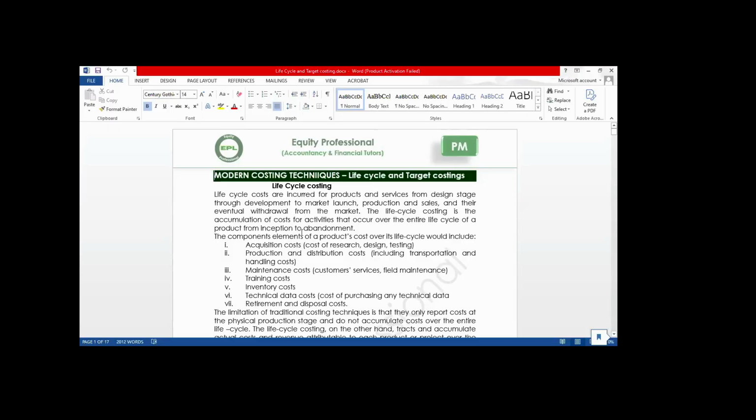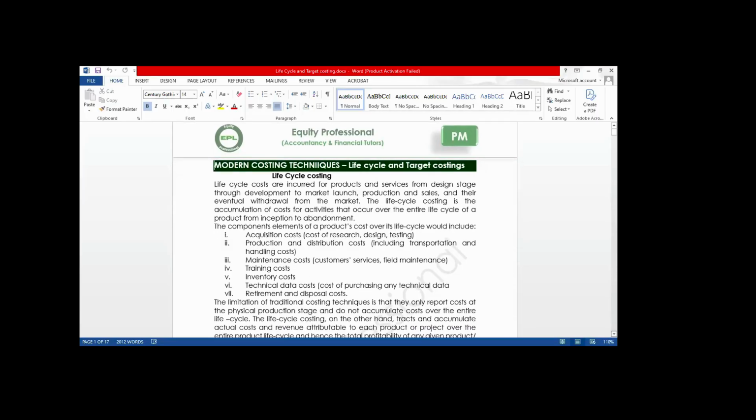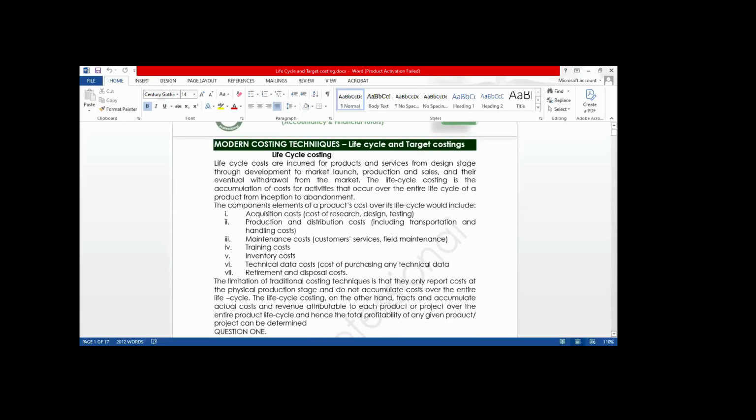If you look at the traditional costing system, the limitation of traditional costing system is that they only report costs at the point of physical production stage.